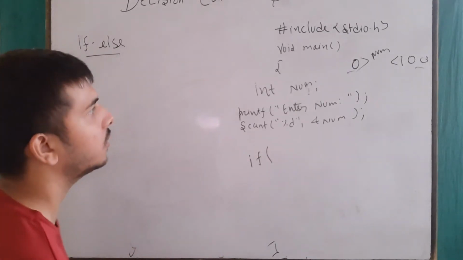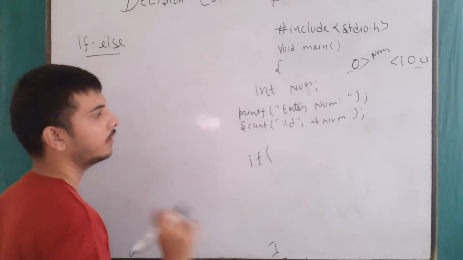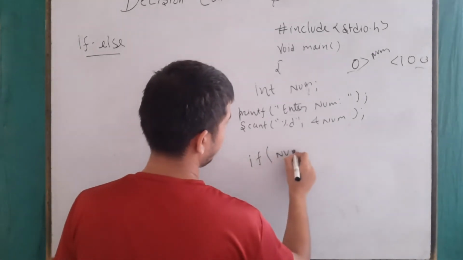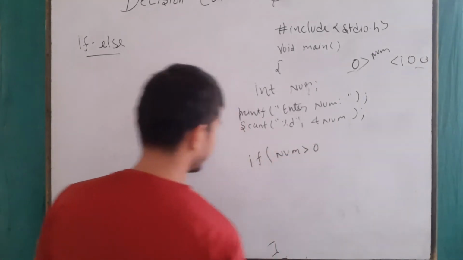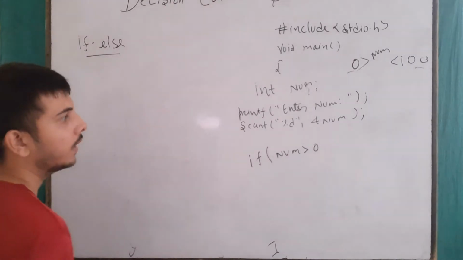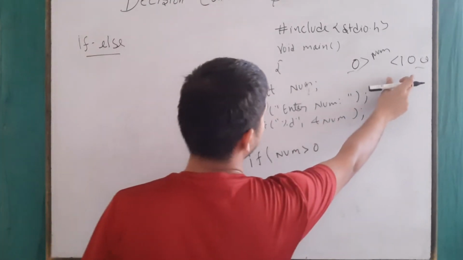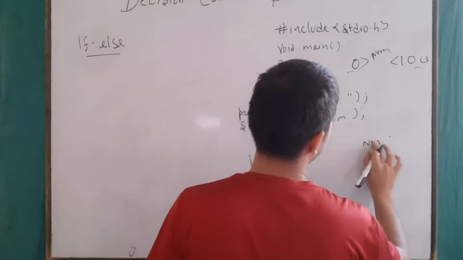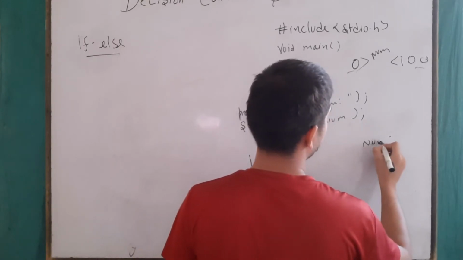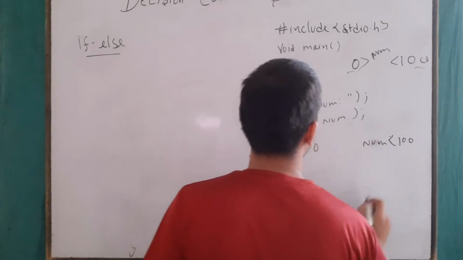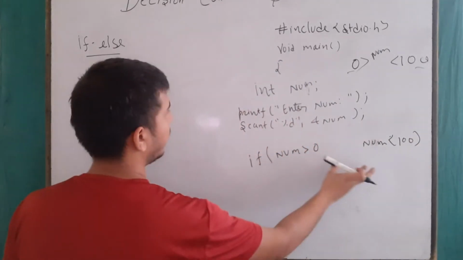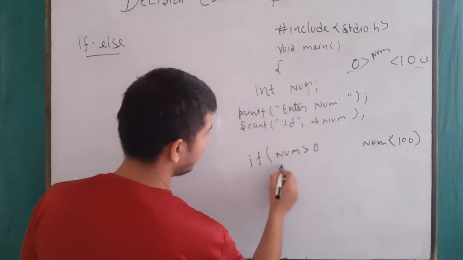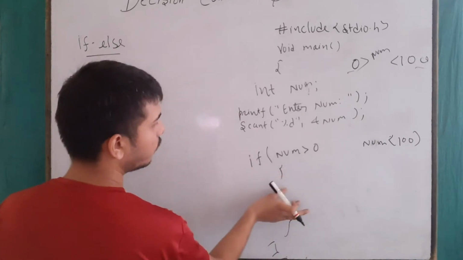My first condition is that our number should be greater than 0. So I'll write number greater than 0. And also it should be less than 100. Both of these conditions must be met, only then the execution of the true part will take place.